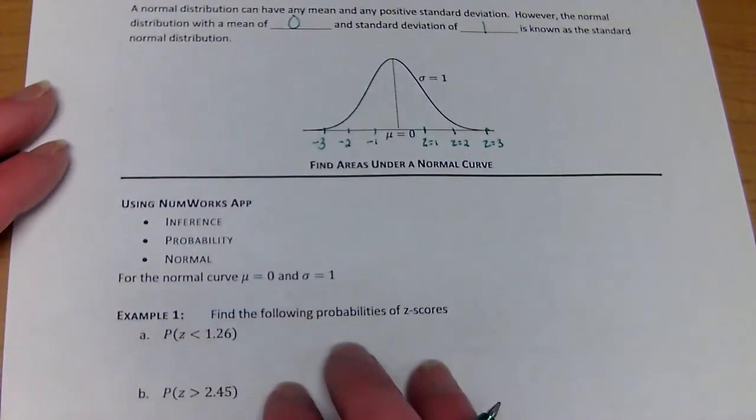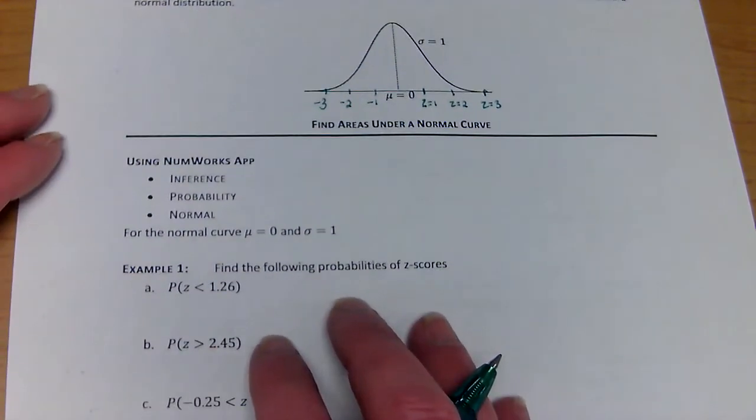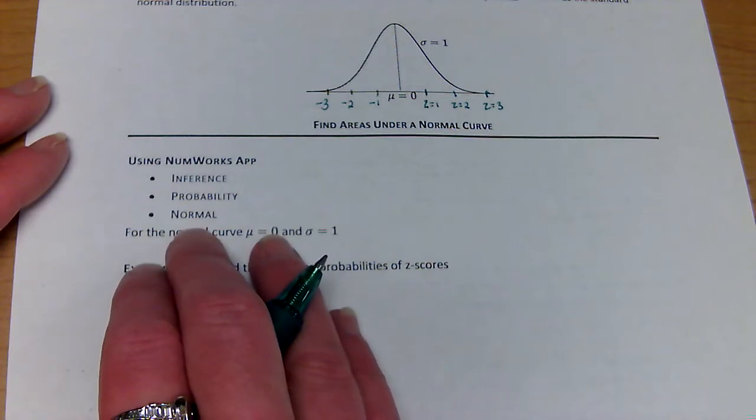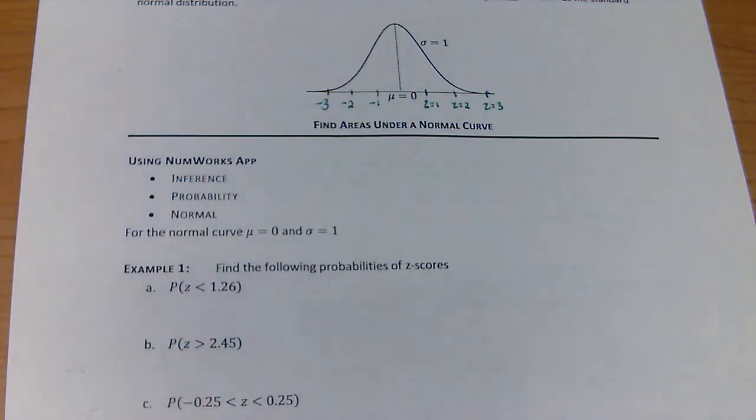Now, to find probabilities, we are going to be using the NumWorks app, and we're going to be using the normal curve. So let me pull up my app.